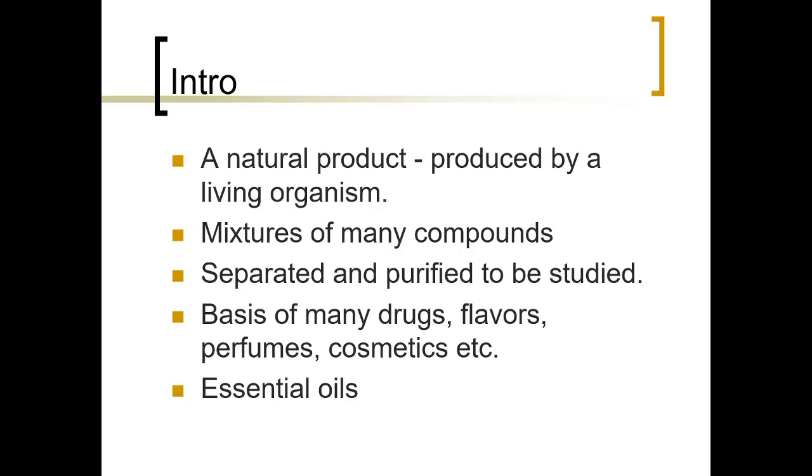In this case, you're going to have mixtures of compounds, as we saw in the previous lab, and then you're going to be separating them and purifying them so that these compounds could essentially be studied later. Like I mentioned before, they're the basis of many drugs, flavors, perfumes, cosmetics, and so on.